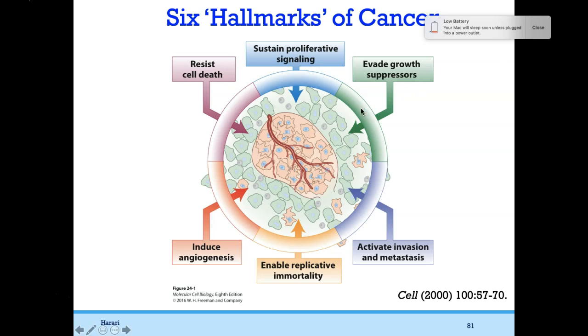They evade growth suppressors, right? They don't listen when they're told to stop growing. They induce angiogenesis, right? They form blood vessels. They activate invasion and metastasis. And they are immortal, right, because of their telomeres. So these are the 6 hallmarks of cancer cells.